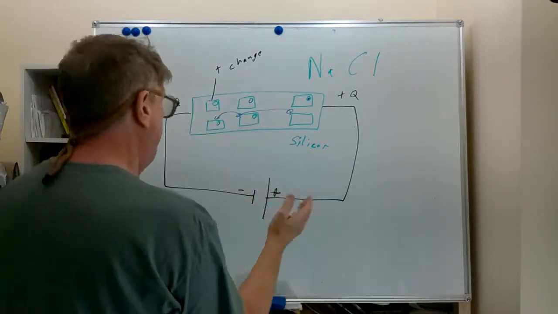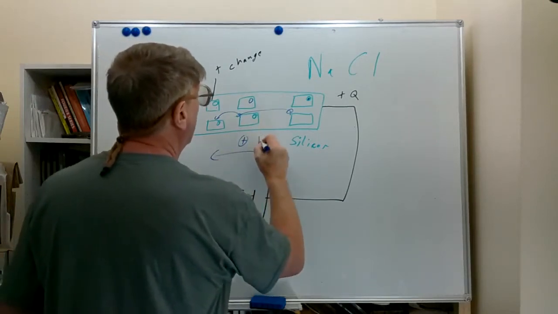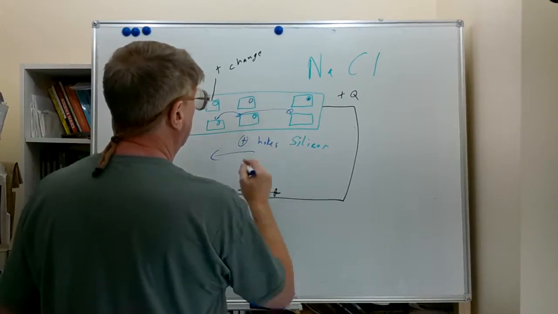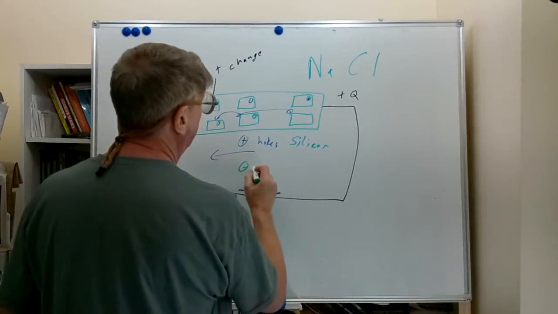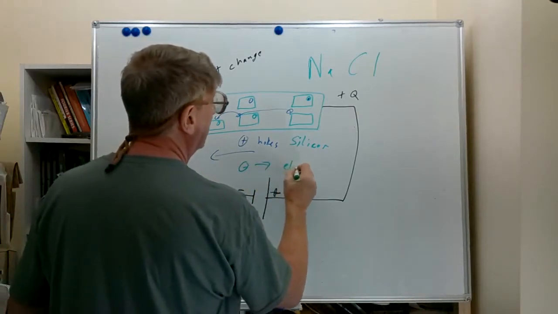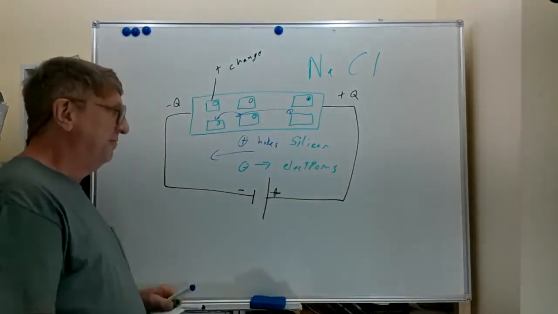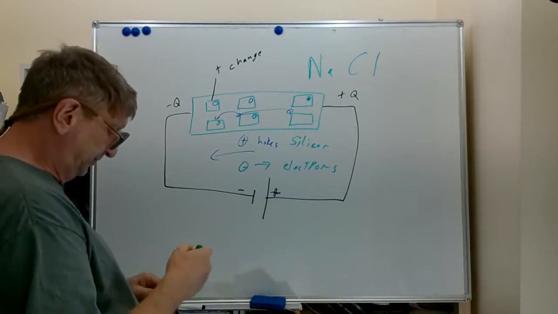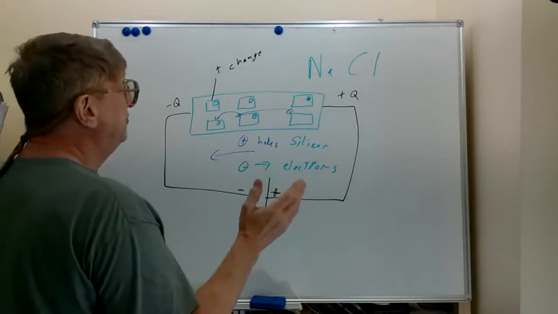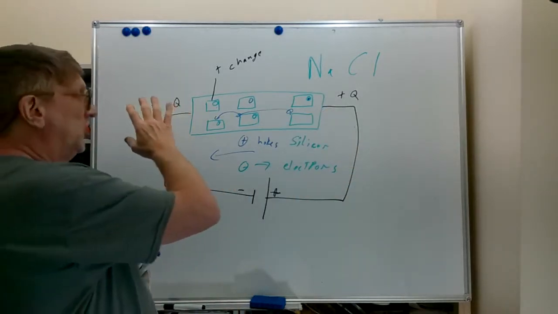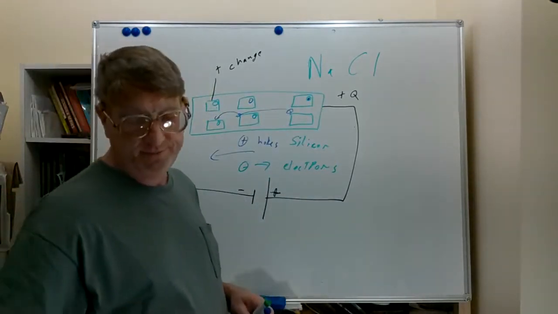So even though we have positive charges going this way as holes, we still have negative charges going this way as electrons, and they're creating holes as they move from one atom to the other. The protons, the actual positive charge carriers, do not actually move here because they're locked into the nucleus of the atoms in this solid semiconducting material.